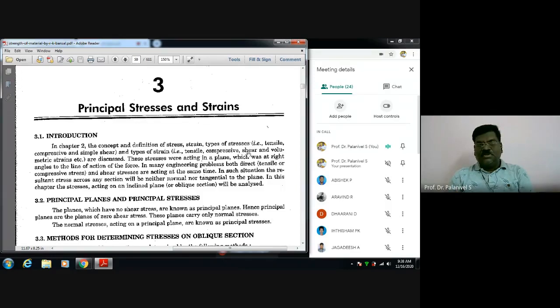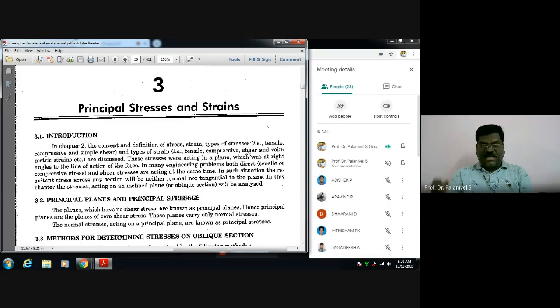Suppose you have a column subject to axial compression. How do you compute the stress induced? The axial compressive force acting on it, divided by the area of cross section. Which area? The perpendicular area of cross section, the area of the section perpendicular to the direction of loading.